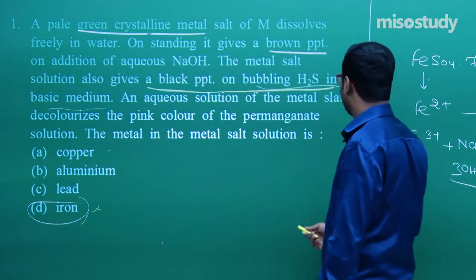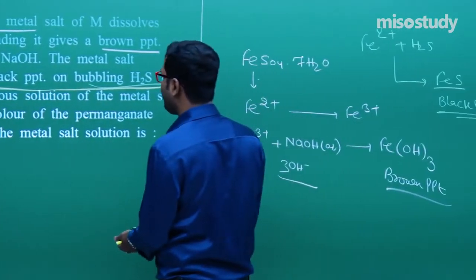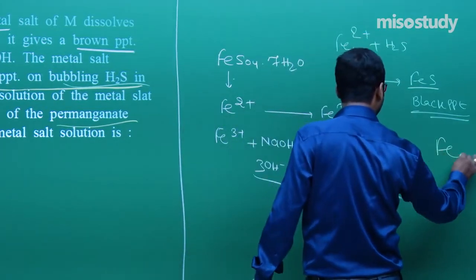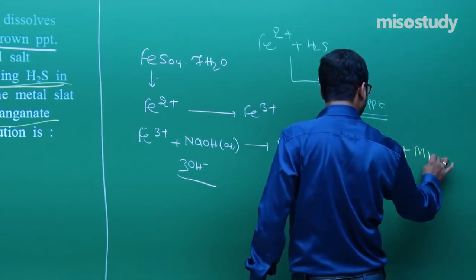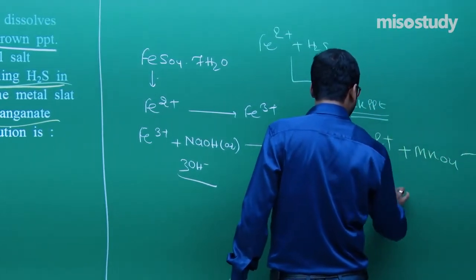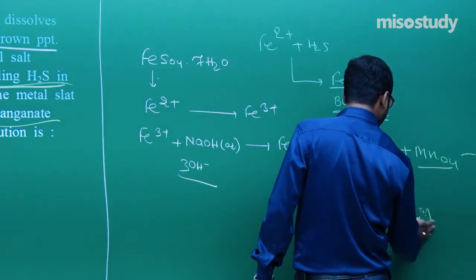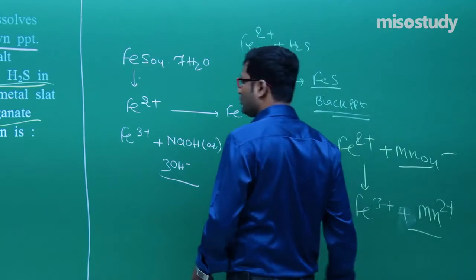Now this is FeS. An aqueous solution of the metal salt decolorizes the pink colored permanganate ion. As we all know, Fe2+ with permanganate ion, MnO4 minus, will convert to Fe3+ and Mn2+ ion.